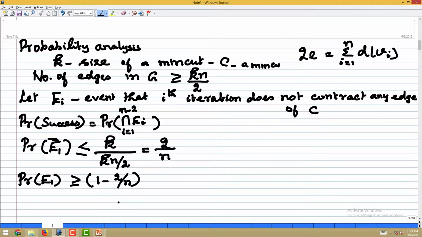Now, when you consider probability of success, it is the probability of intersection of all these events, okay. How many of you know total probability law? All of you know?